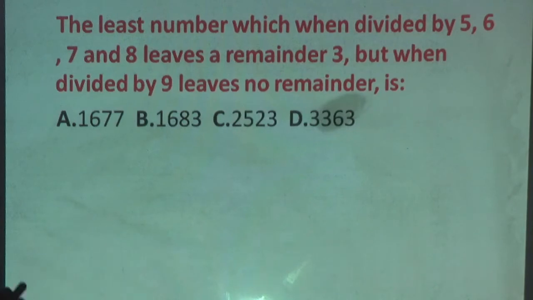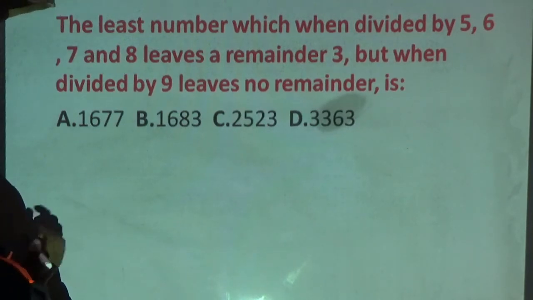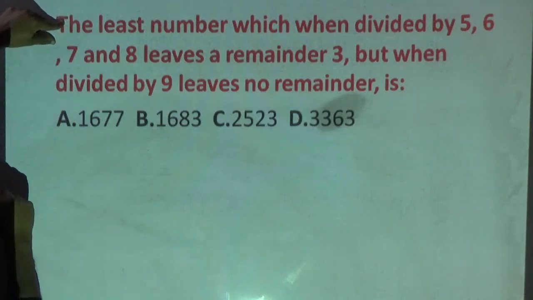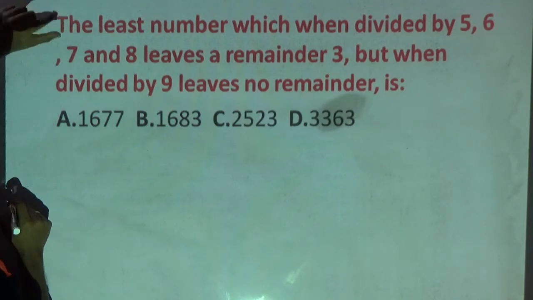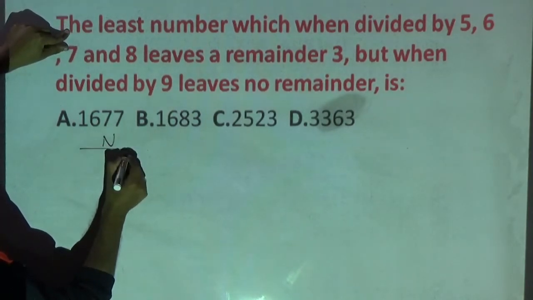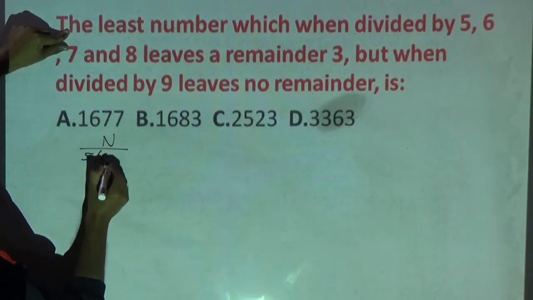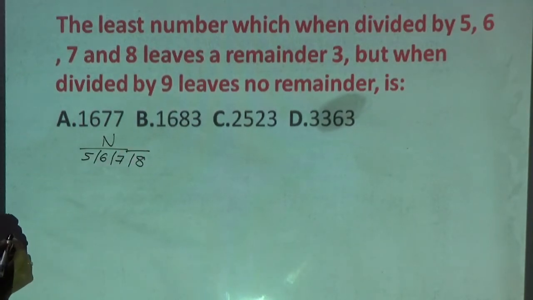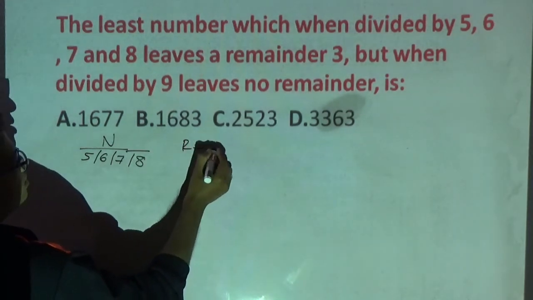Next question. The least number which when divided by 5, 6, 7, 8 leaves a remainder 3. Okay. When I divide the number by 5, 6, 7, 8, it leaves remainder 3. What is the remainder? 3.